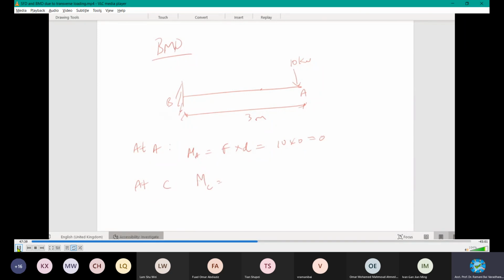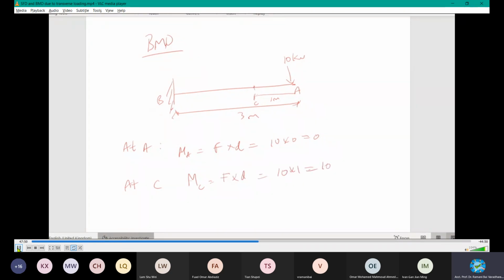Otherwise, no need. Just introduce at 1 meter for your understanding. Let this be C. At C again, it will be 10 times 1, 10 kilonewton meter. And then go to B or D. You can put any number, you will have the same value.